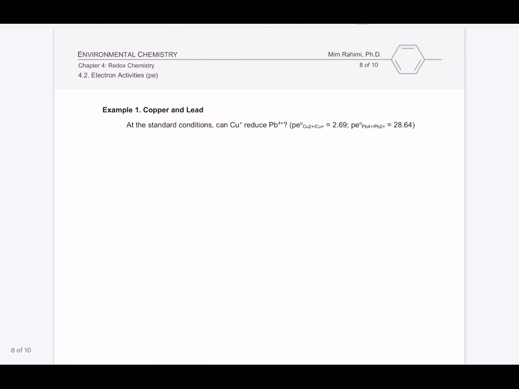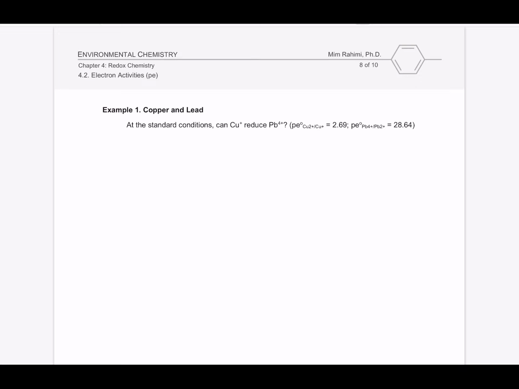So now let's work on two examples. The first example is very straightforward, and this is extremely useful, specifically when it comes to, for example, corrosion. The question is asking whether copper plus can reduce lead 4+.